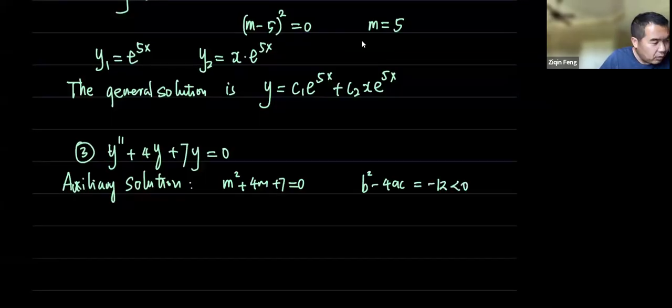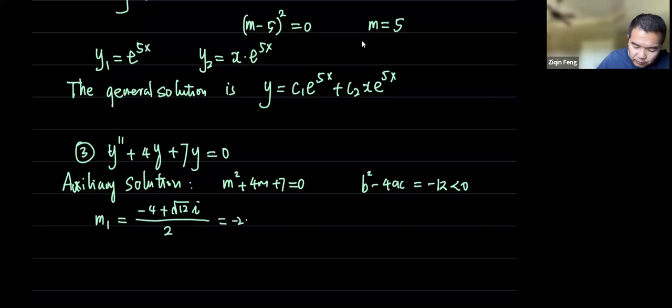We get our two solutions, m1 equal to negative 4 plus square root of 12 i over 2. If we simplify, this is negative 2 plus square root 3 i. And m2 is negative 2 minus square root 3 i.